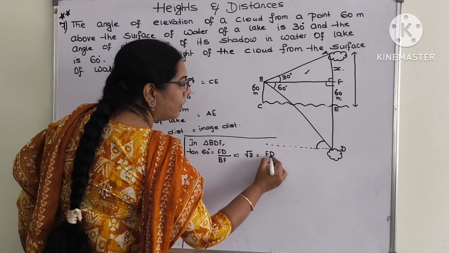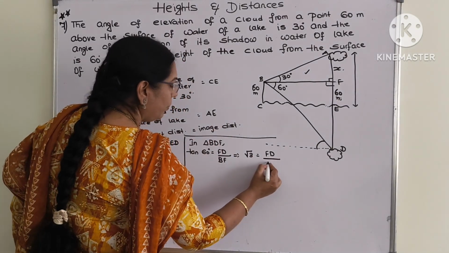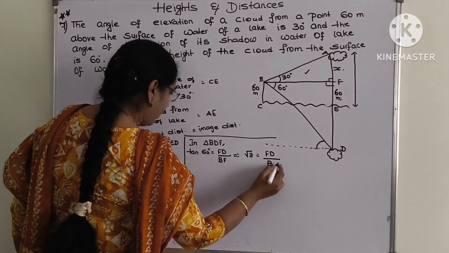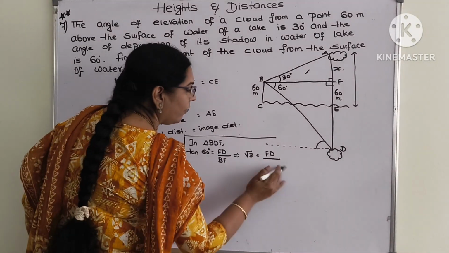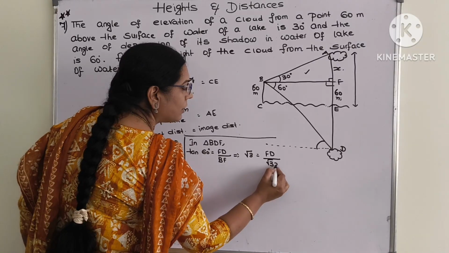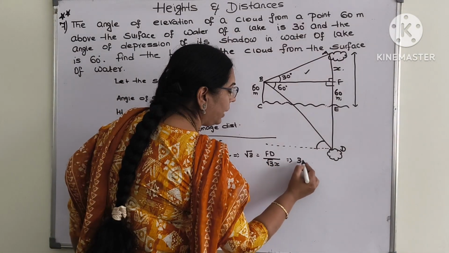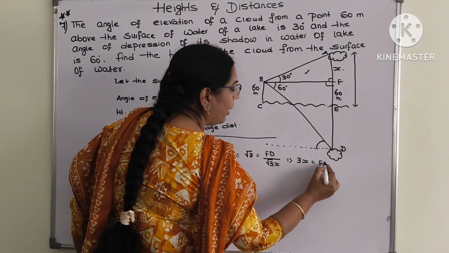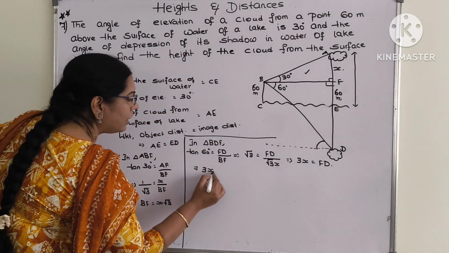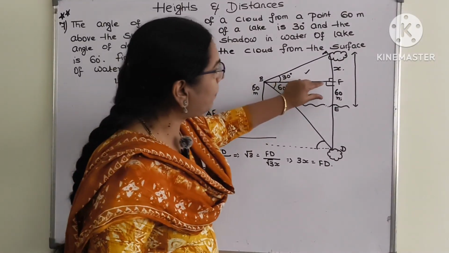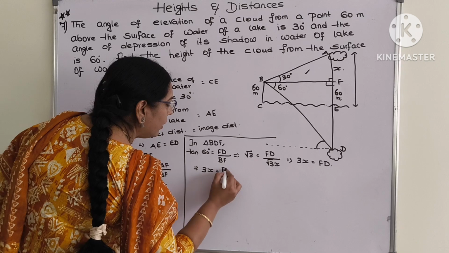I will not split FD right away, I will write it as it is, by BF. BF value we already know, it is root 3x. So I will write it as root 3x. Do the cross multiplication. Root 3 into root 3 will become 3x is equal to FD, which implies 3x is equal to FD, now can be split as FE plus ED.